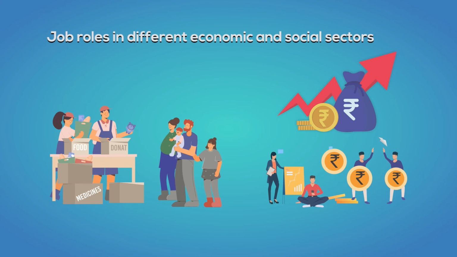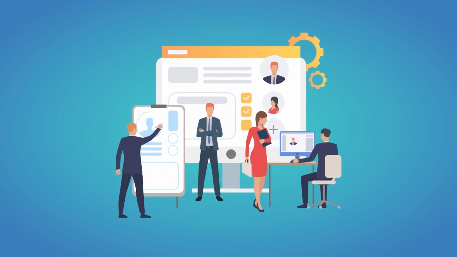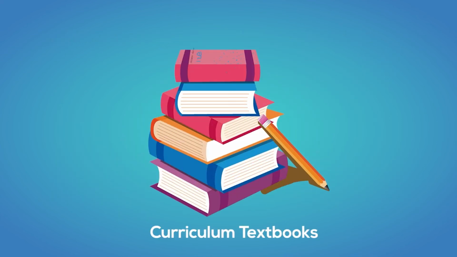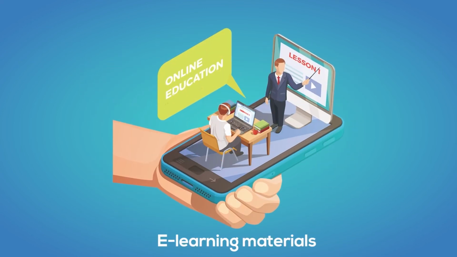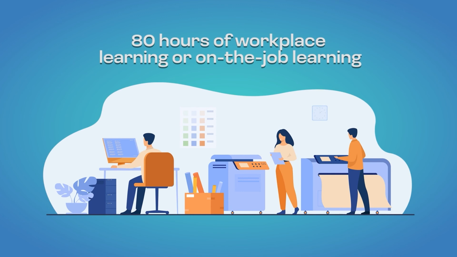Besides curriculum, the training package also includes student textbooks, multimedia packages, and e-learning materials. A component of internship or on-the-job training is an integral part of the curriculum transaction. Students are required to complete a minimum of 80 hours of workplace learning or on-the-job learning.